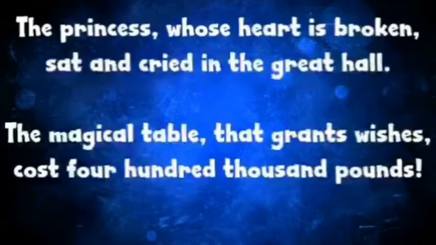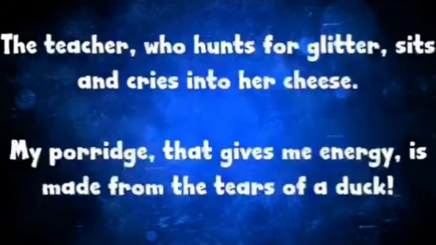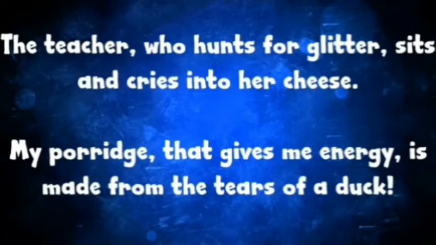The princess whose heart is broken sat and cried in the great hall. The magical table that grants wishes cost £400,000. The teacher who hunts for glitter sits and cries into her cheese. My porridge that gives me energy is made from the tears of a duck.